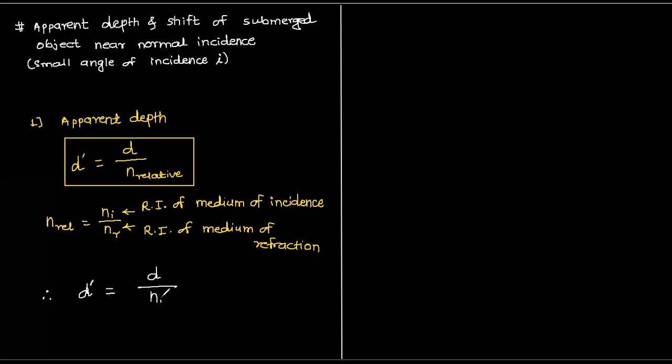So I am substituting ni divided by nr, and therefore if I am transferring this side, I am getting d dash is equal to nr into d divided by ni, and d dash divided by nr is equal to d divided by ni.